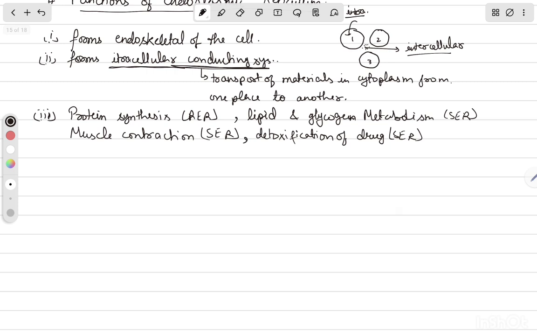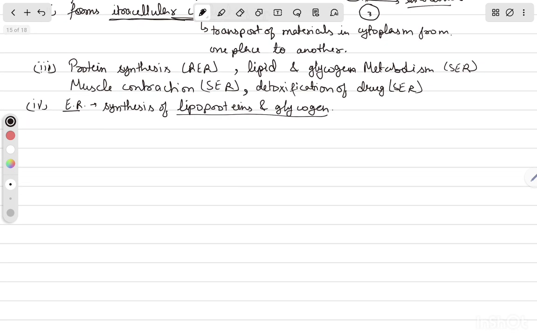Now what last important point which is given in your NCERT summary, that ER or mainly SER helps in synthesis of lipoproteins and glycogen, right?